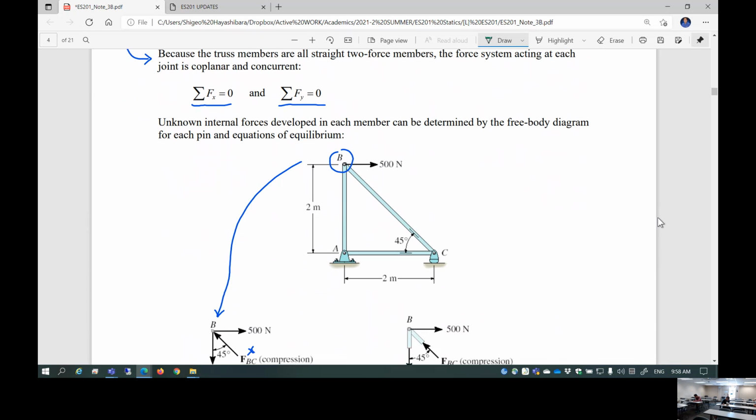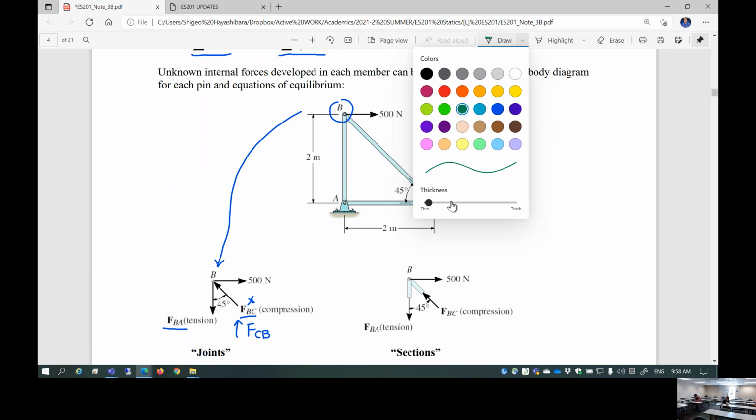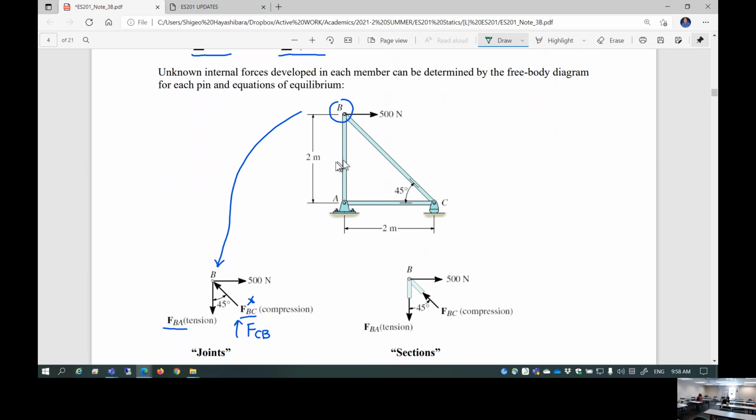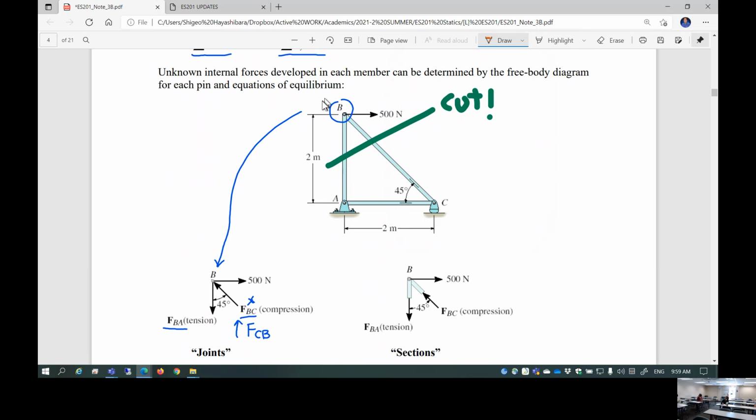So let's say, for example, you are going to introduce a cut. Okay, virtually cut. Then what? Well, after you cut it, you can either pick up this component or pick up that component.